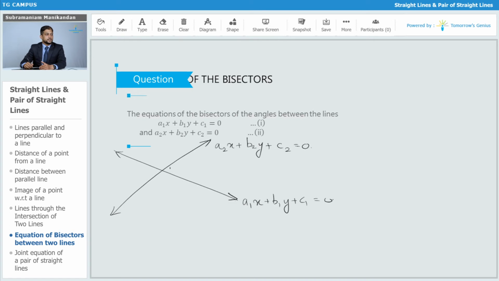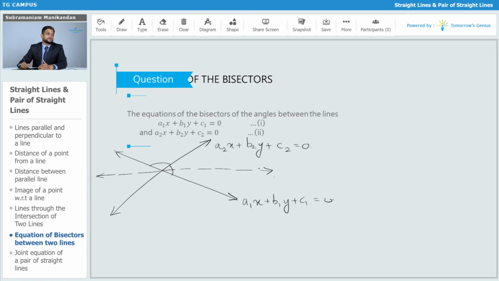So therefore, there is this one angle which is an acute angle, and there is this other angle which is an obtuse angle. Suppose we consider the dotted line as the bisector of the acute angle that is formed between these two lines.